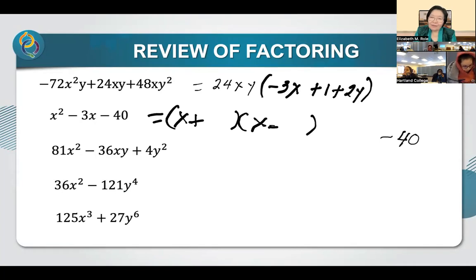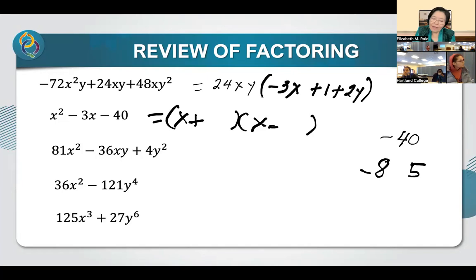Then, we think of factors of negative 40 such that when we add them, it will be minus 3x. So we know it will be 8 and 5, right? So which one will carry a negative sign? 8. Yes, so this will be minus 8.